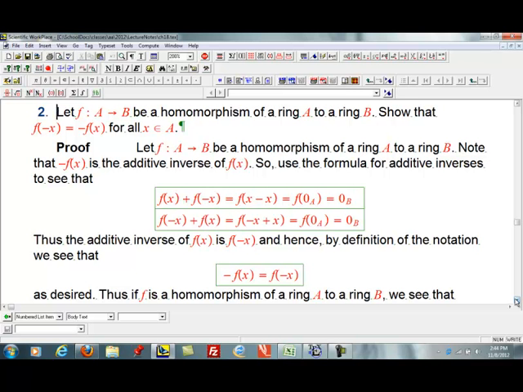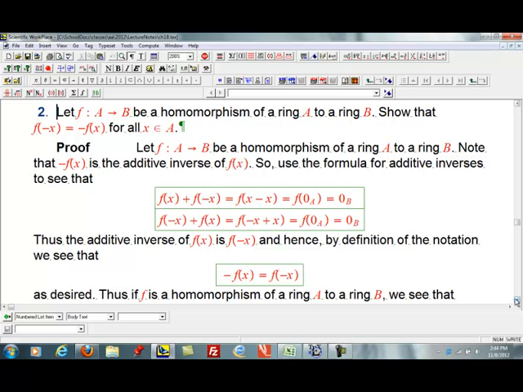But when we proved homomorphisms for the additive properties for groups, we said that it preserves the identity. So I know that has to be the additive identity in B. You go back through and switch the order on it, and you'll see that you get the additive identity in B again. So your conclusion is that minus f of x, the additive inverse of f of x, is equal to f of minus x.